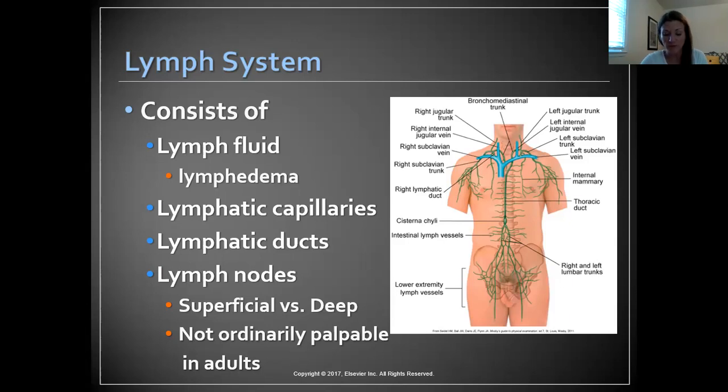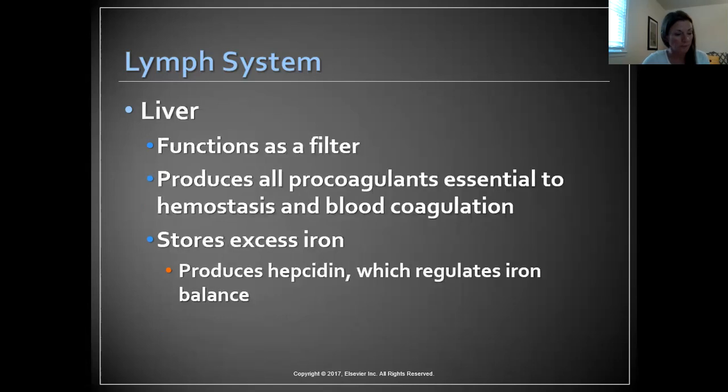Lymph fluid increases when interstitial fluid increases. When too much interstitial fluid develops or when something interferes with resorption, lymphedema develops. The primary function of lymph nodes is filtration of pathogens and foreign particles that are carried by the lymph.